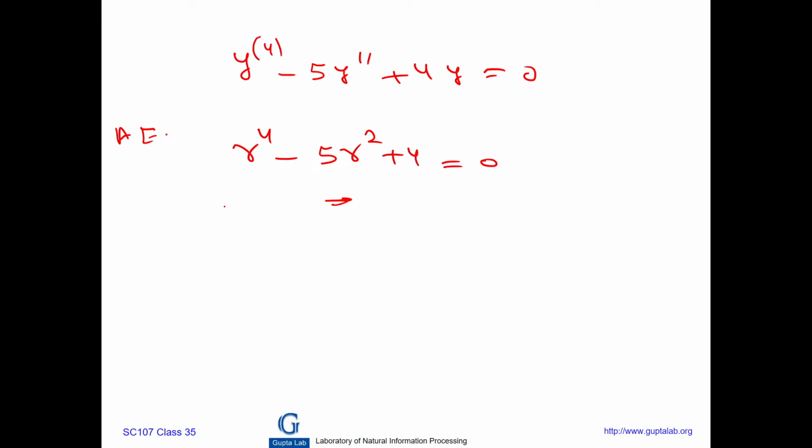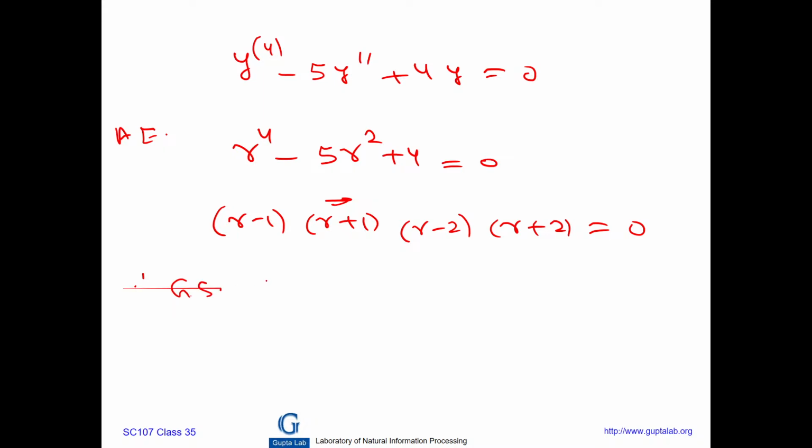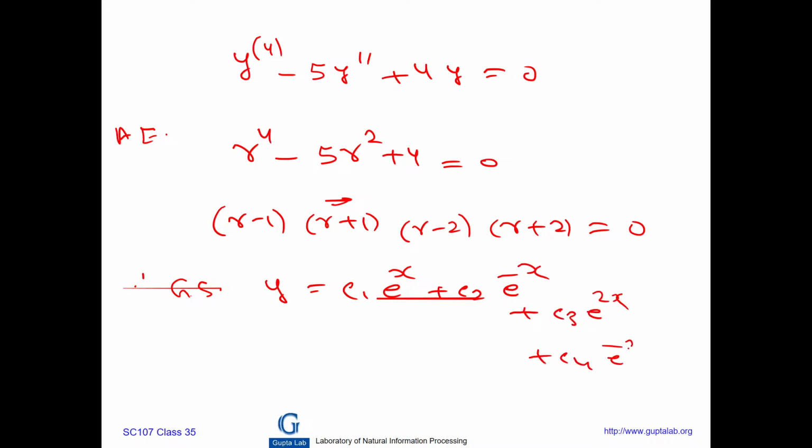Now you see that this is nothing but (r minus 1)(r plus 1)(r minus 2)(r plus 2). Factor कैसे करेंगे? I guess that is a high school problem. So the general solution is c1 times e raised to power x plus c2 times e raised to power minus x plus c3 times e raised to power 2x plus c4 times e raised to power minus 2x. Right.